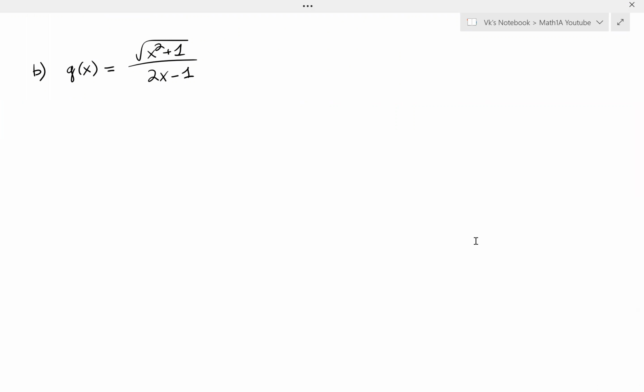Square root of (x squared plus 1) over (2x minus 1). Well, we cannot factor and simplify. We know that g(x) is undefined when 2x minus 1 equals 0. x equals 1 over 2.